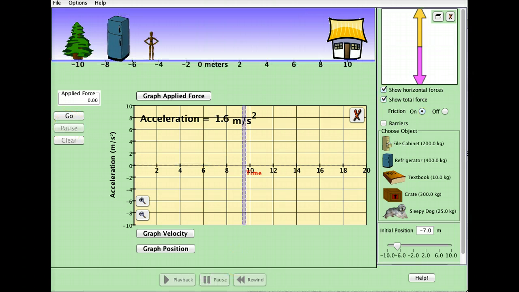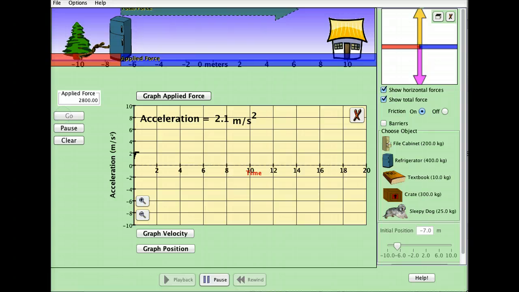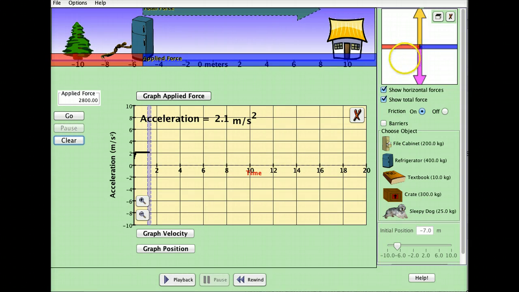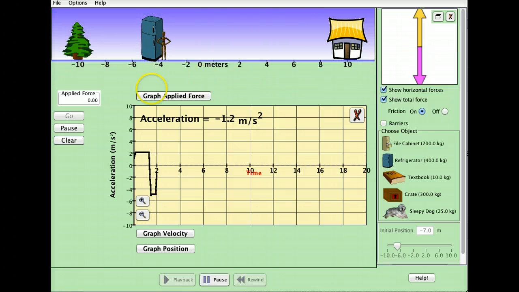Okay, so somewhere between 2600 and 2800 was enough applied force to get the refrigerator to move. So I cleared mine, so I'm going to go straight to 2800 and I'm going to pause. We can't see all of these arrows over here, but we can see them underneath the refrigerator when we do 2800.